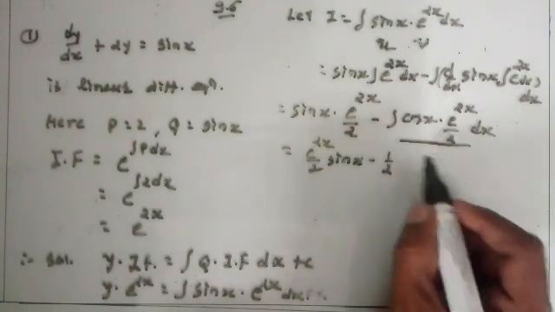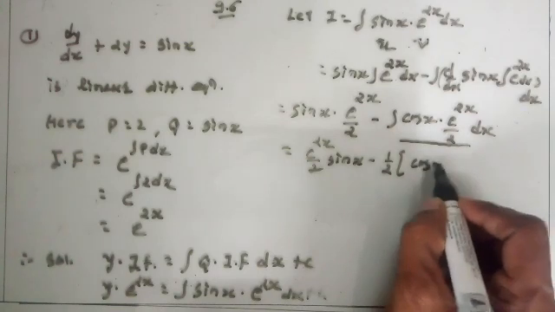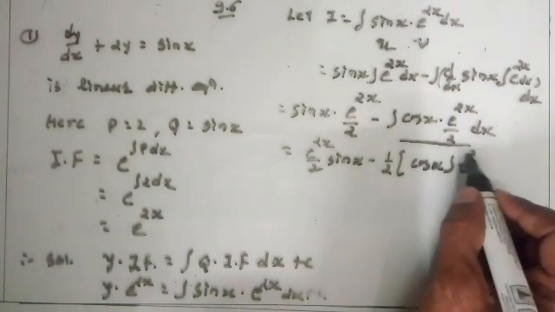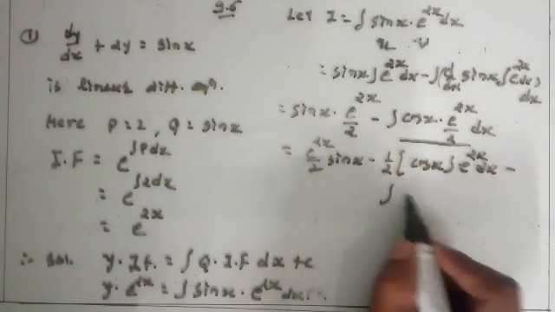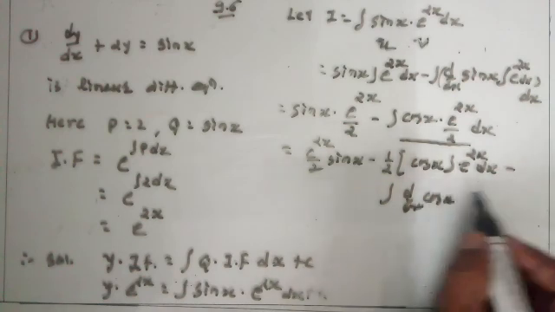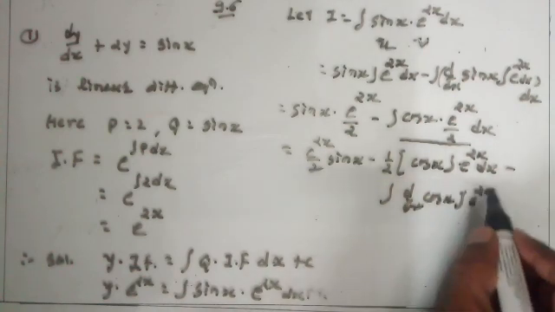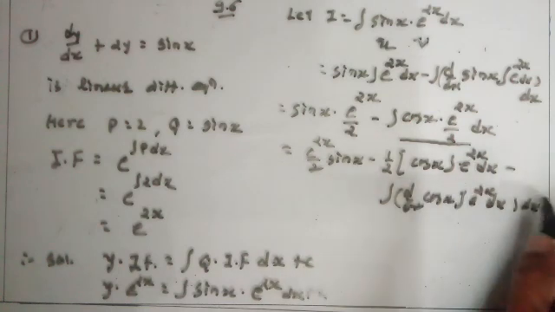Integration by parts. Here cos x, integration of e raised to 2x dx, minus the integration of the derivative of cos x times the integration of e raised to 2x dx, whole dx.